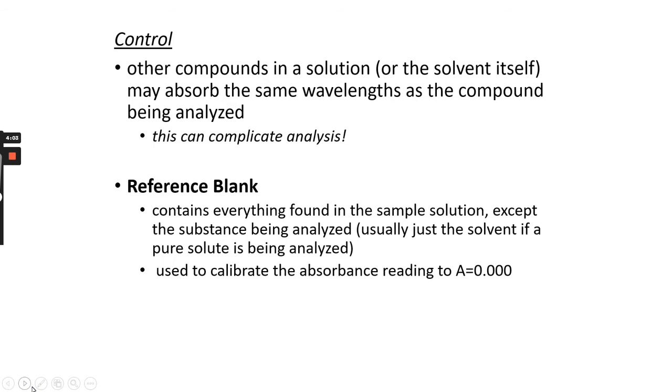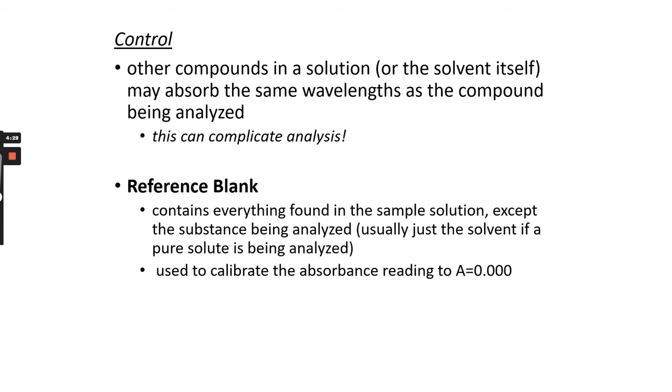So, your control. Other compounds in a solution, or the solvent itself, might absorb at the same wavelength as the compound being analyzed. This would make your analysis very complicated. So you want to pick a wavelength where only your solute will be absorbed, not necessarily your solvent. But also, as I said before, you're going to run a sample that just has your solvent in it.